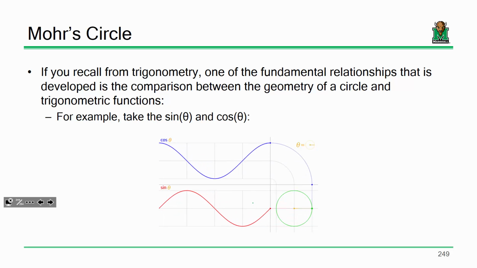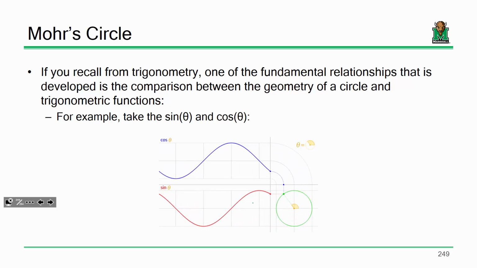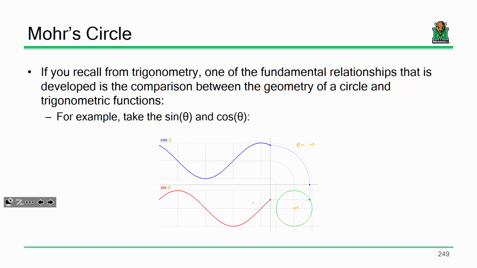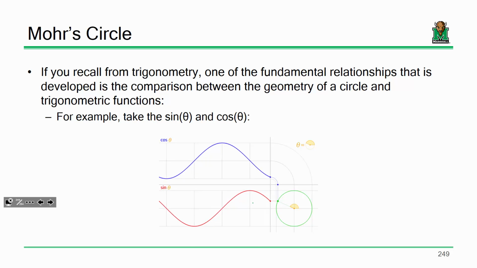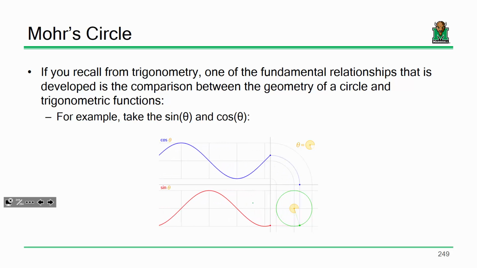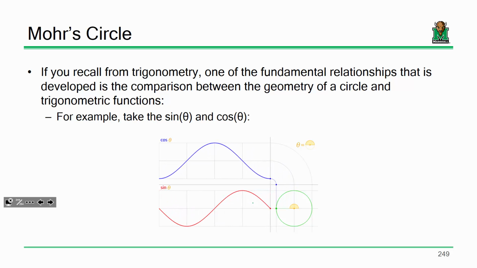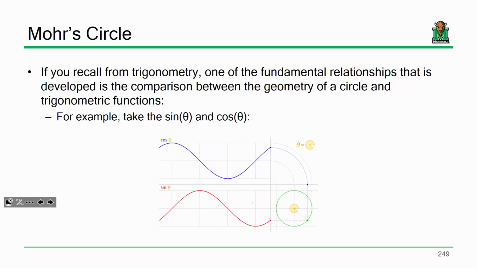Remember that? So if I do a little bit of maneuvering, maybe I can represent this using a graphical technique. That'll make my life a lot easier. Hence the introduction of more circling.